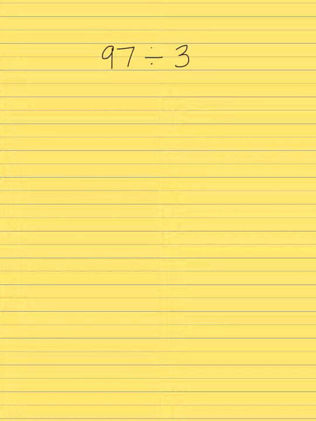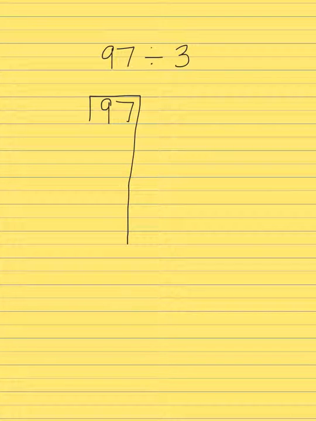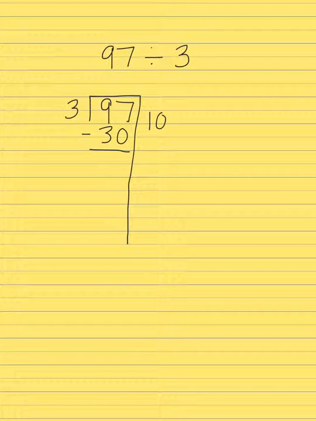In this problem, we're going to do 97 divided by 3. So I'm going to show you just 2 different approaches because not every student has to solve this problem the same way. So first we need to rewrite it, and I'm going to just go ahead and use my multiples of 10. So again, I can do a 3 times 10, which is 30. I've divided 30 out so far.